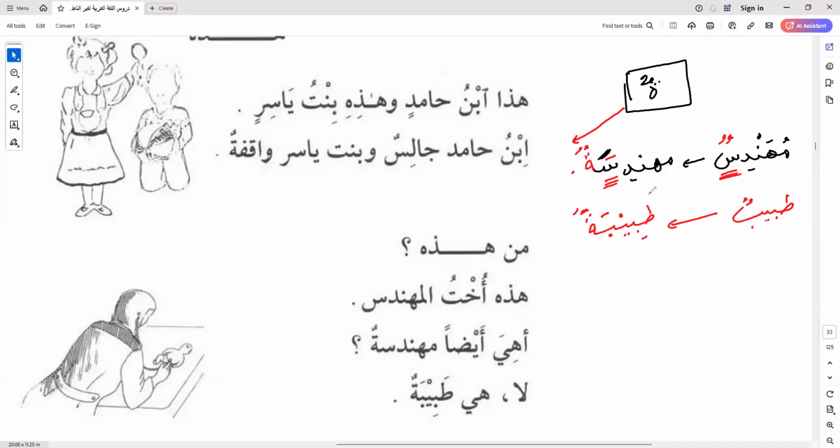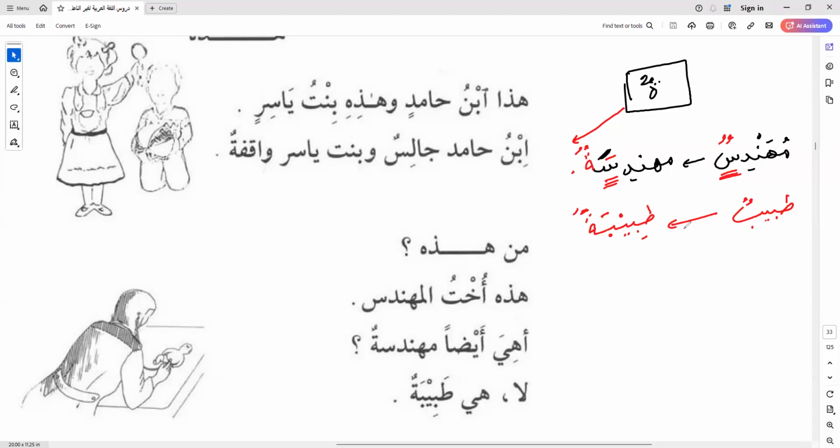So we can say that the consonant at the end of the feminine is going to take fatha. And then after that, you add the taw marbuta. And then you get the feminine side of the noun or the adjective you're looking at. So it's always like that.